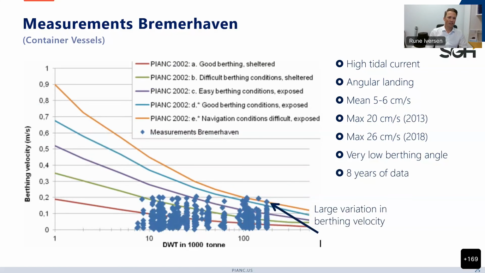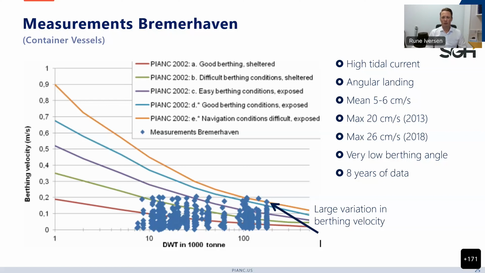We have another interesting data set from Bremerhaven, again container vessels. This is actually an exposed site with high tidal currents, more angular landing of the vessels coming in. Average berthing velocity is 5 to 6 centimeters per second, with a maximum berthing velocity in the first set of measurements collected here of about 20 centimeters per second.